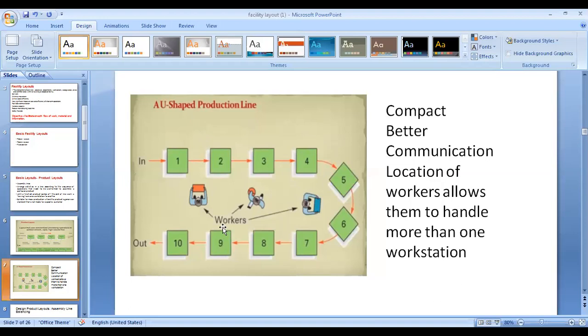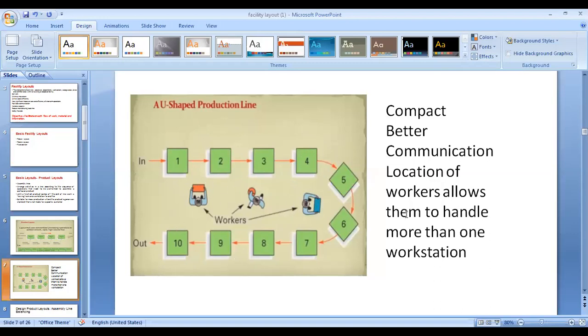You can see it's very compact. The space is used in a very efficient manner. By having a U-shaped production line, it also allows workers to communicate with each other.